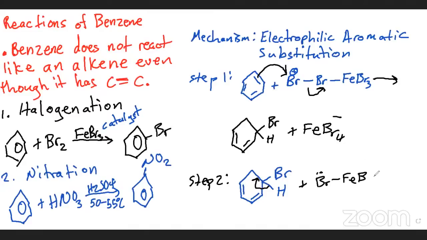If you remember, a catalyst is always regenerated at the end of a reaction. If FeBr3 is the catalyst, that means at the end of the reaction, we must get it back. So the bromine atom here is going to remove this hydrogen. And the bond between the carbon here and the hydrogen is broken with the electrons going back inside of the ring.